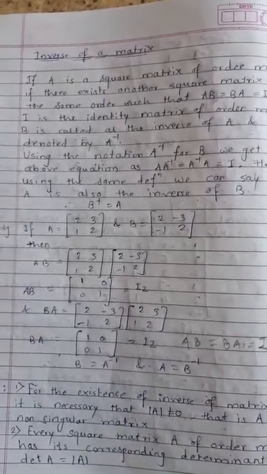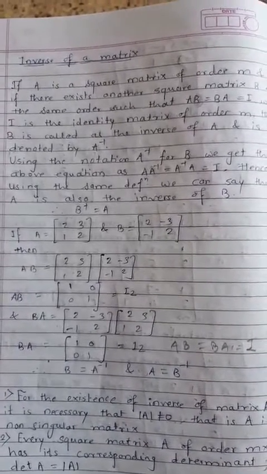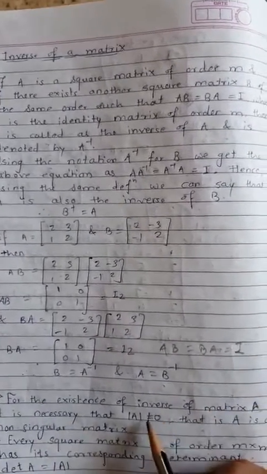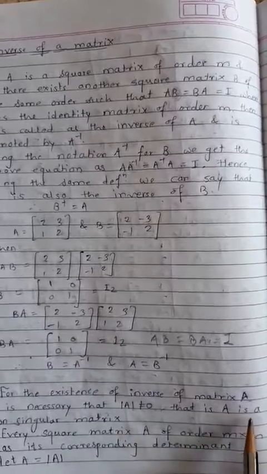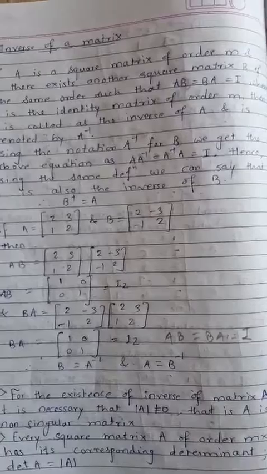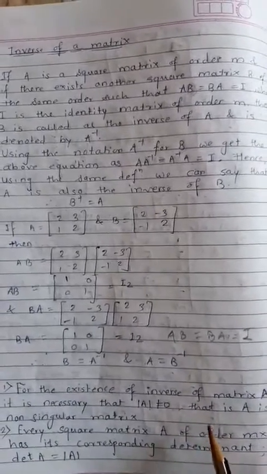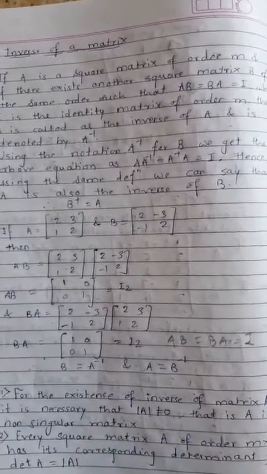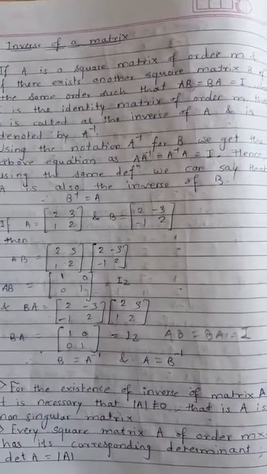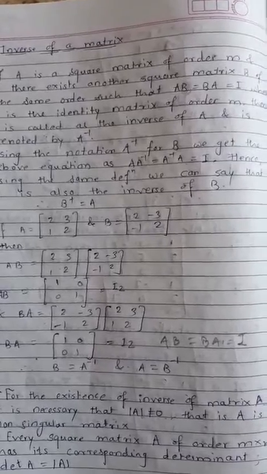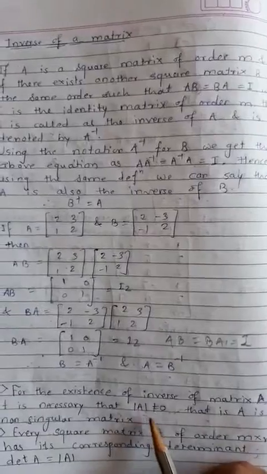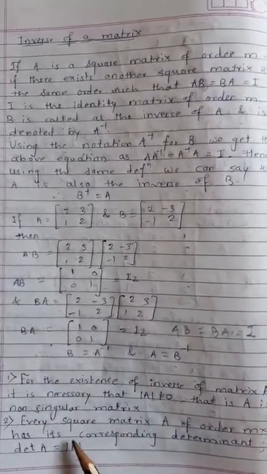Non-singular means its determinant is non-zero. So what is the first condition for the inverse of a matrix to exist? It is that the determinant of A should be non-zero.